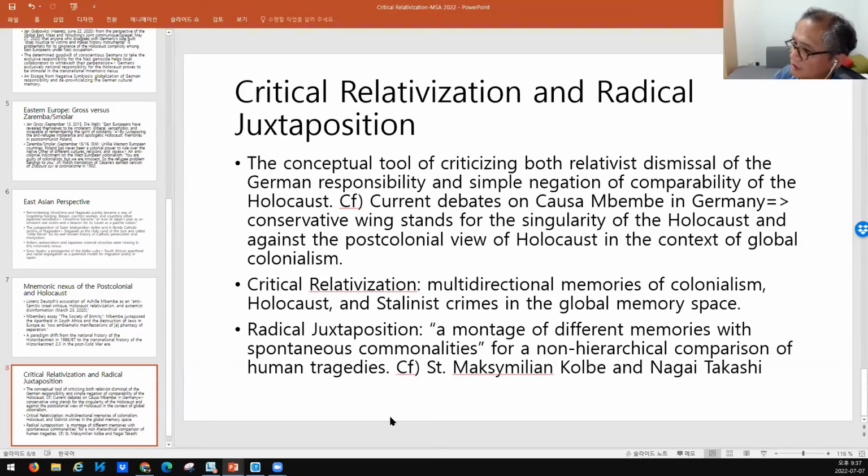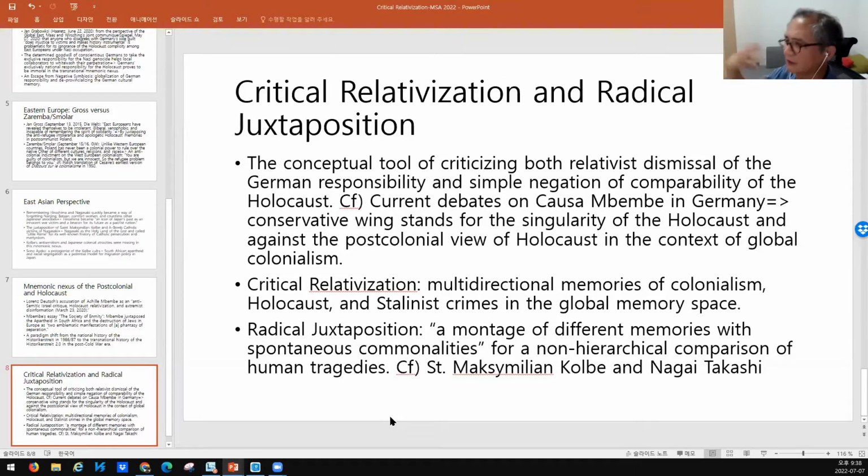So critical relativization is in tune with the multidirectional memories of colonialism, Holocaust, and Stalinist crimes in the global memory space, I would say. And radical juxtaposition is a montage of different memories with spontaneous commonalities for a non-hierarchical comparison of human tragedies.